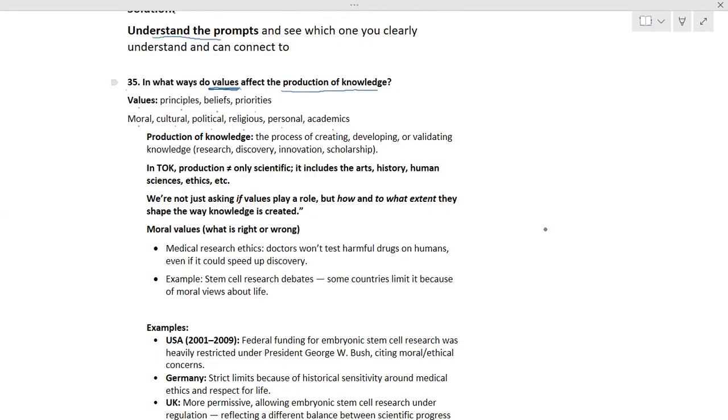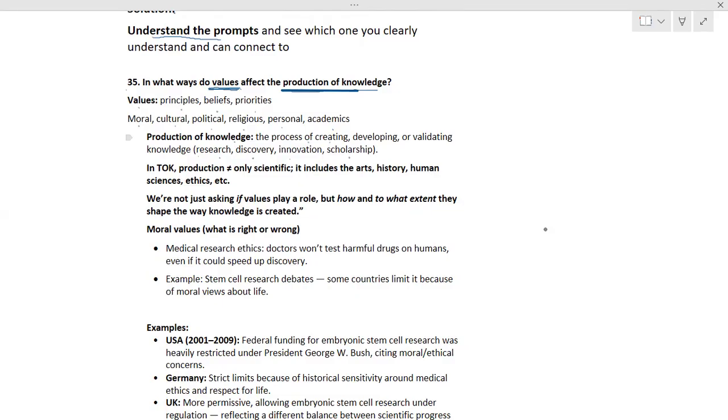Then, what is the meaning of production of knowledge? Production of knowledge is a process of creating, developing, or validating knowledge, such as research, discovery, innovation, scholarship. So, as you know, during COVID-19, we invented a new vaccine.